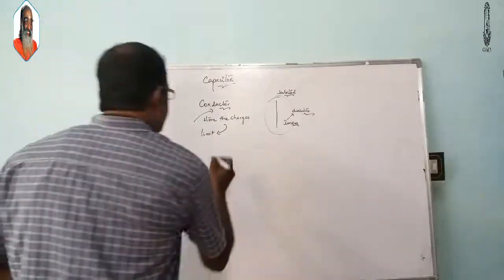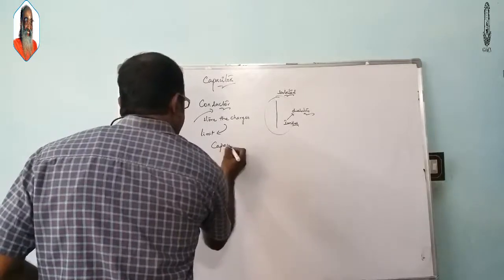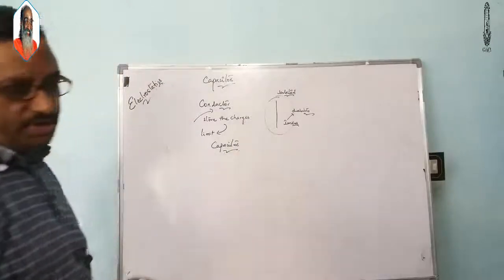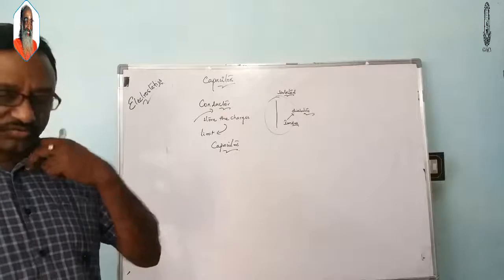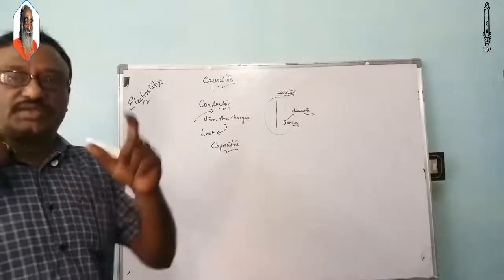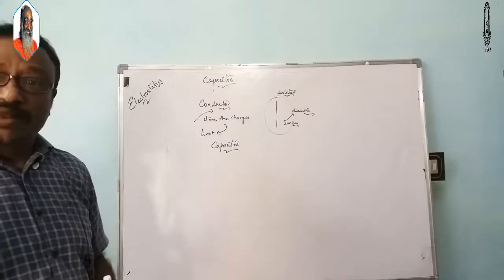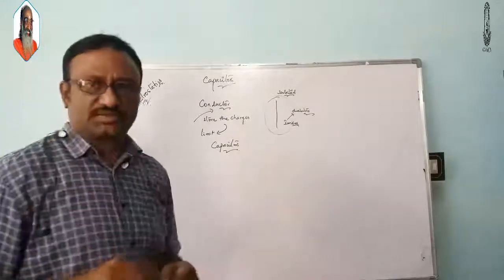So that's why we have devised capacitors to store more amount of charge. And we know the applications and uses of it. In fans you can see they call it a condenser. That is nothing but a capacitor.